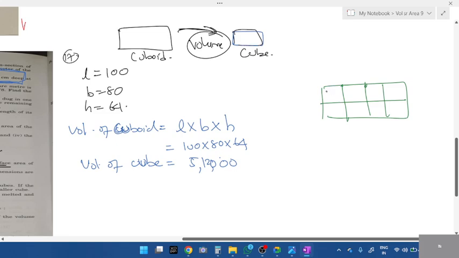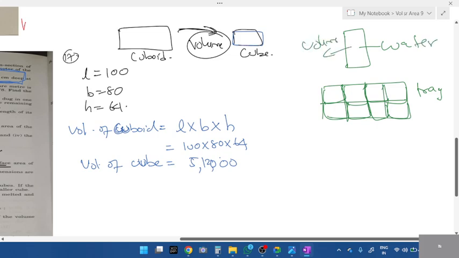In the refrigerator, the ice cube tray. Now, if you want to fill this with water, you take a glass of water. Imagine the glass of water is a cuboid. So the volume of that water, if you pour into this, will the volume change or be the same?